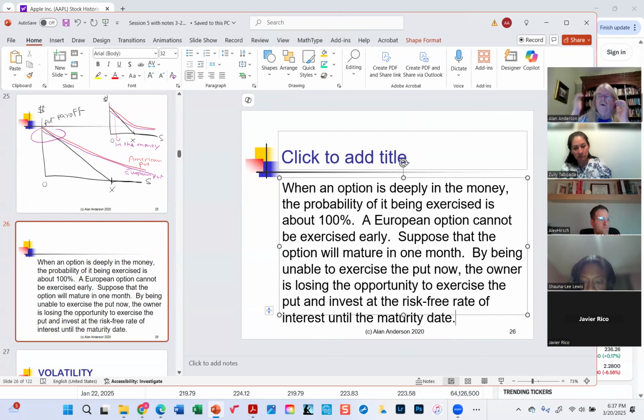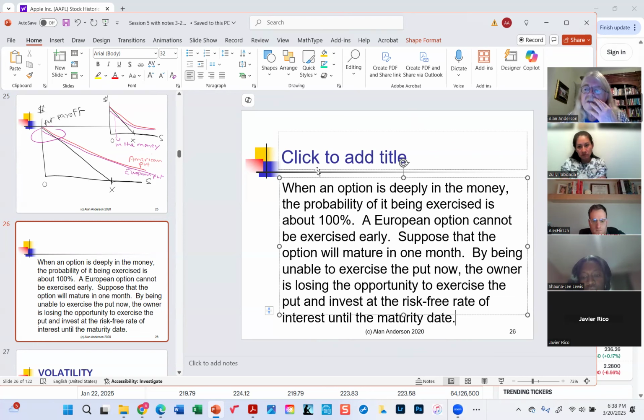All right, so if you own that European put, you would love to exercise it, collect the payoff, and then invest it at the risk-free rate for the rest of the lifetime of the option. That value that you would gain by doing that will be greater than any potential benefits from holding on to it to the maturity date, because you're basically already so deeply in the money, you can't get any deeper into the money at that point. So you're losing the opportunity to say, listen, I'm going to just exercise it now and just put the money in a treasury bill and earn interest until that maturity date.